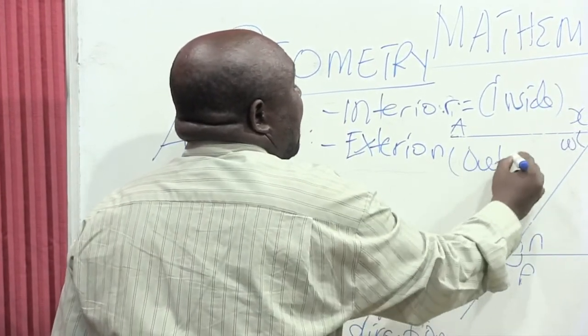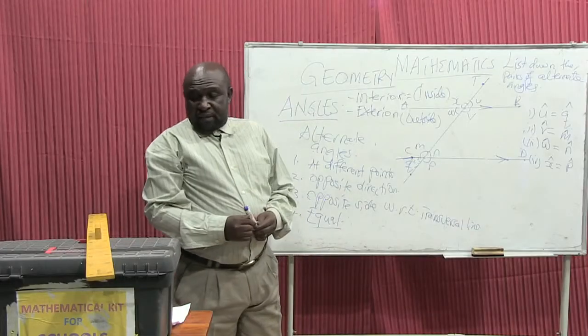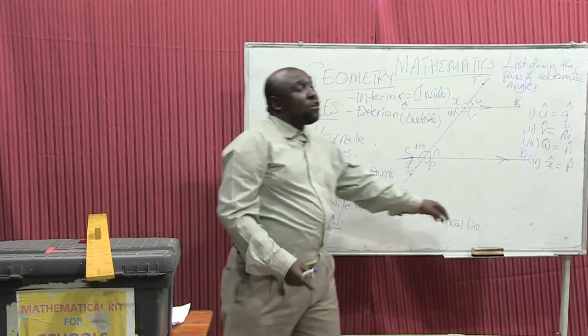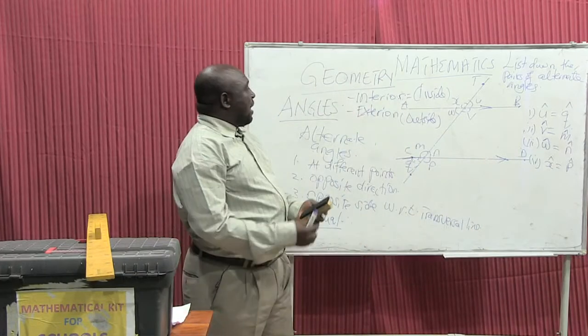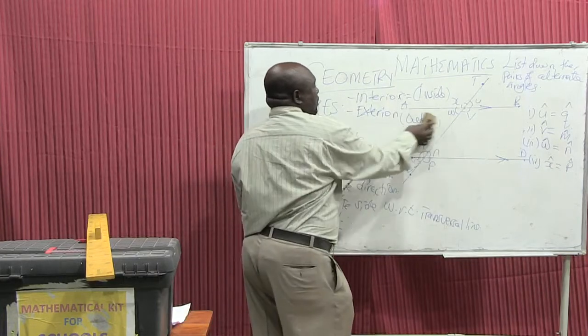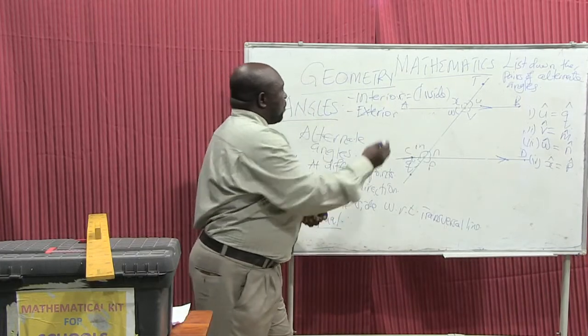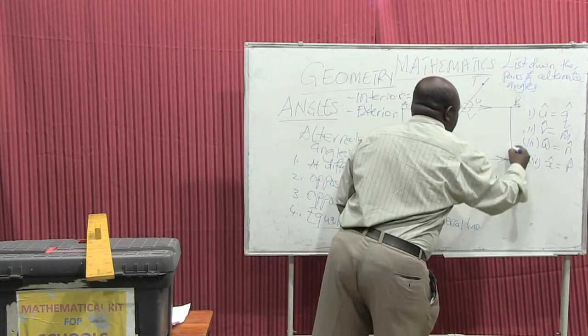Exterior means outside. The interior angles are inside and the exterior are outside. Now the concept of interior and exterior, suppose we draw a line here and another line here.